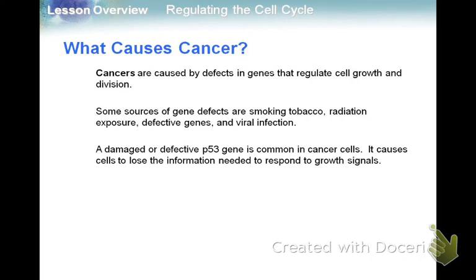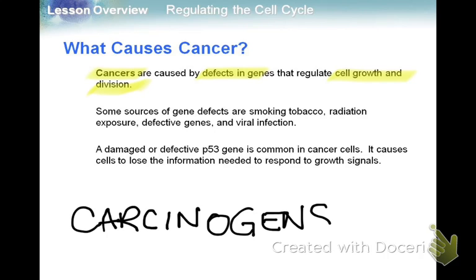Like I said before, cancers are caused by defects, by mutations in genes that regulate cell growth and division. Gene defects or mutations can be caused by what we call carcinogens. Carcinogens are things that can cause cancer.